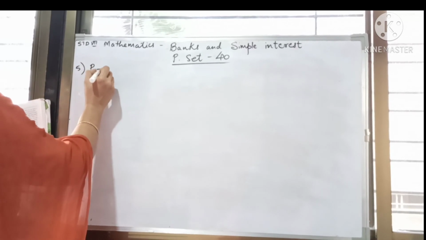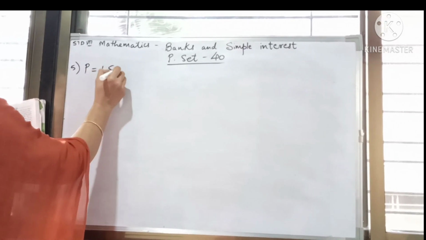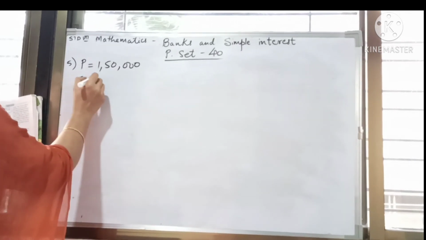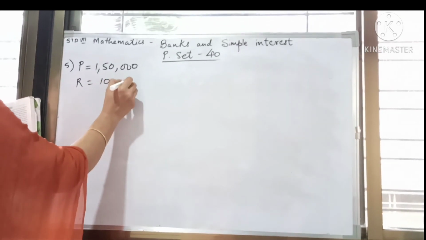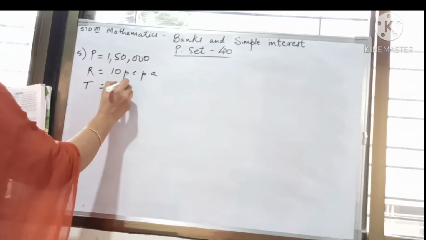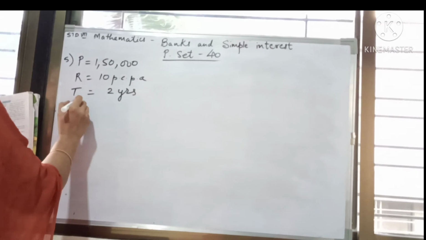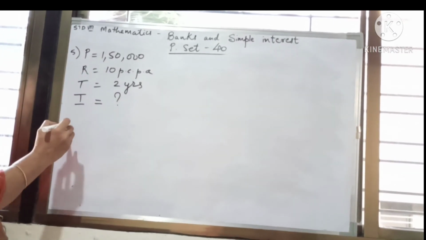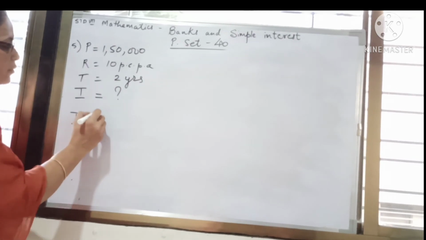Principal is given 1,50,000. Then rate of interest is given 10% per annum. Number of years is given 2 years. So from this we can find out the simple interest. So we will write the formula.